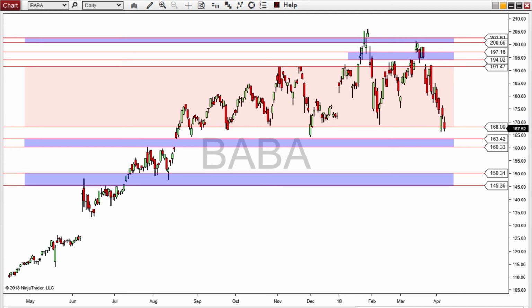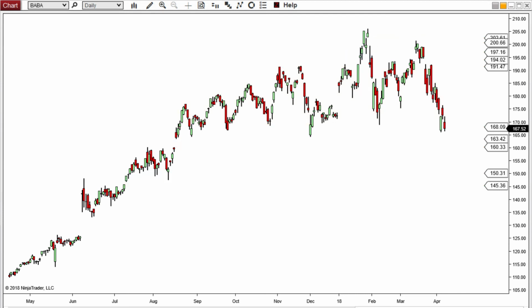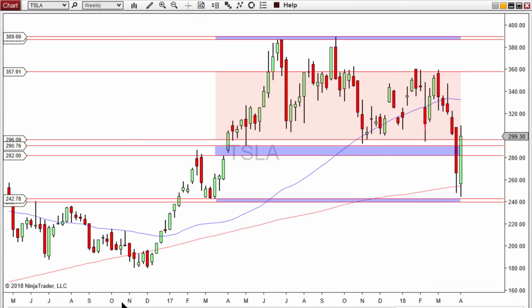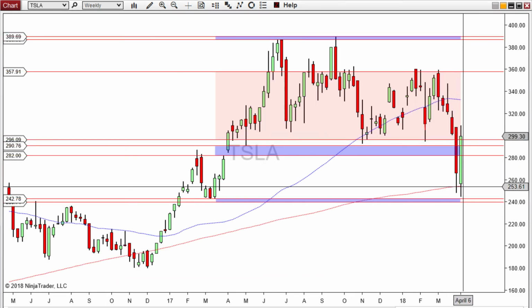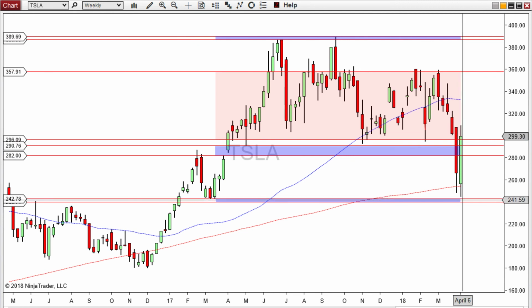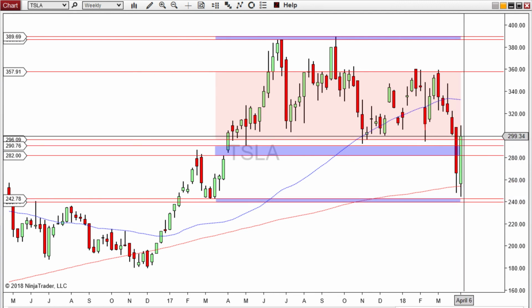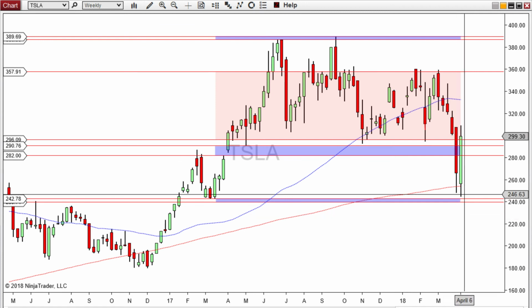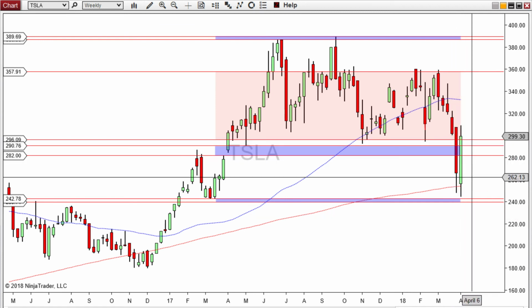So, and I guess a lot of people's favorite, Tesla. Okay, so you can see Tesla had a wild week there. Right? Came down to this zone here, somewhere around 242.78, and a heck of a bounce. I mean, a lot of the shorts basically just got squeezed the heck out of them. So again, hey, Elon is a hell of a stock operator, man.